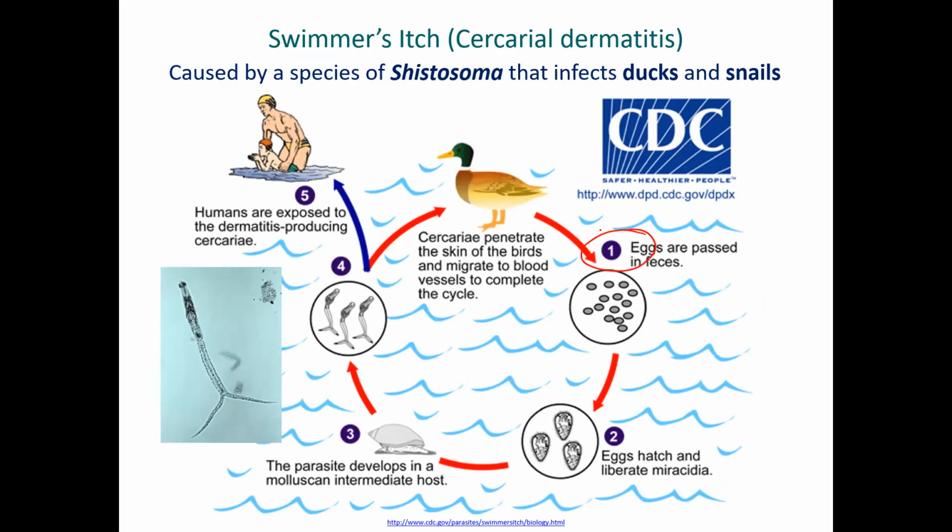The eggs hatch, and they're eaten by the snail, and then the parasite is in the snail. It breaks out of the snail and swims along, and literally what it does is it will actually penetrate the duck's skin. And that's how it gets into the duck. And then the duck gets infected, and the eggs come out in the feces, and it's duck, snail, right?